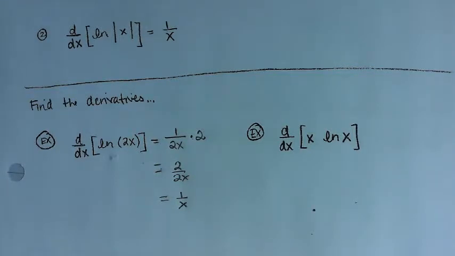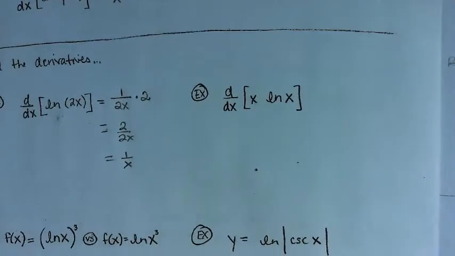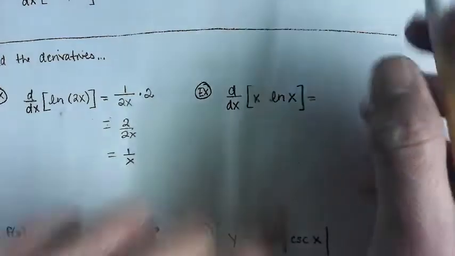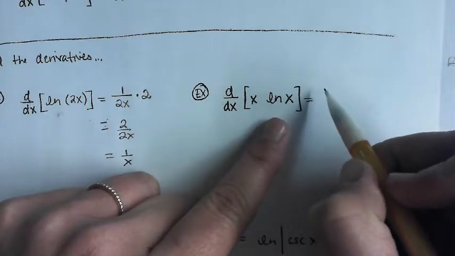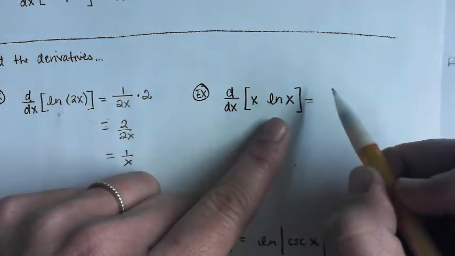Okay? Thoughts on how we're going to organize the second one, Michelle? What rule are you going to apply? Product. So go ahead and start that process. Can you tell me what's going to be?